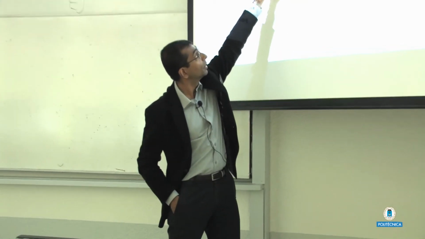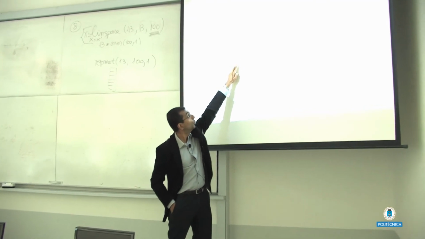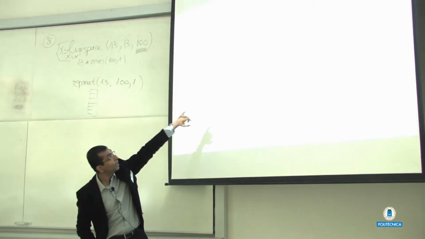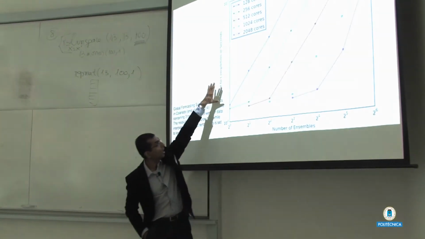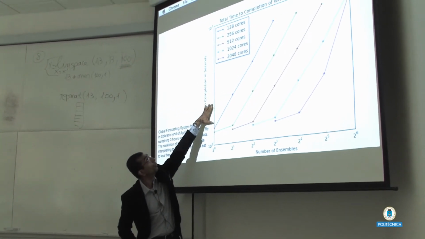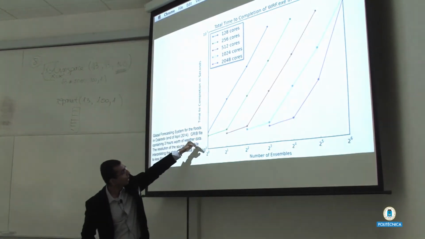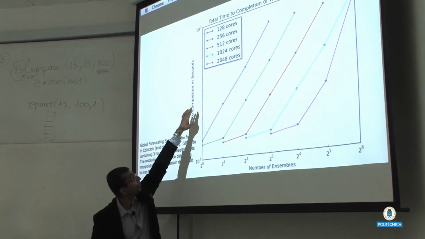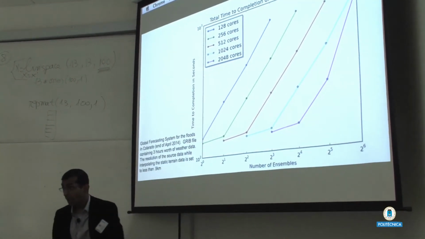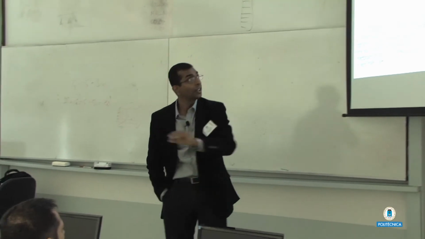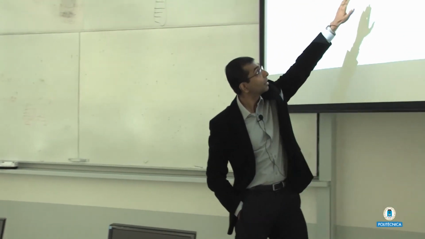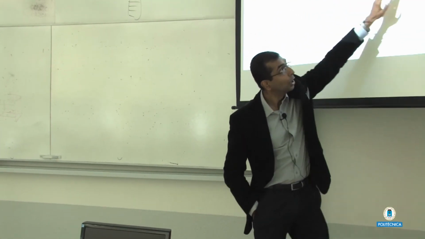So just take this point, for example. You can see that whatever this unit time is, it is somewhere around 300 or 400 seconds. This is about 100, this is about 200, and this is 300, so 250 seconds. For the same 250 seconds, you can then get anywhere between 32 or 64 ensembles done.